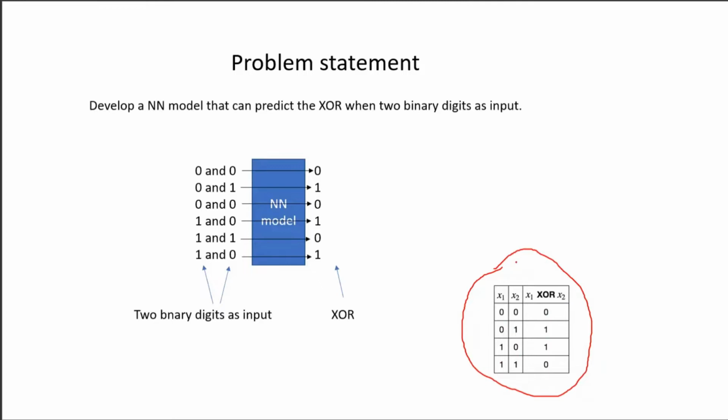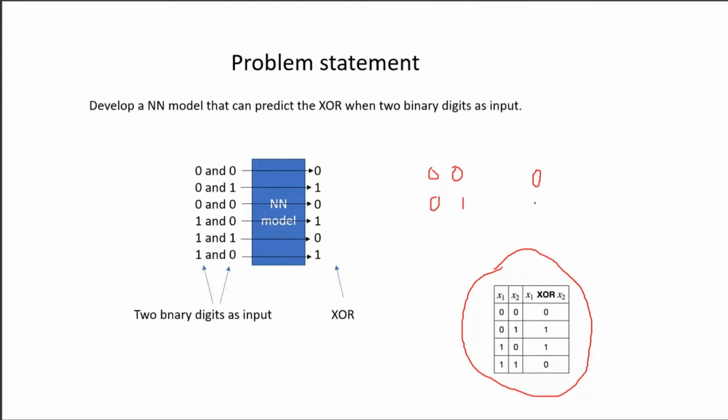We are going to develop a model that can predict XOR when two binary digits are the input. So the purpose here is XOR recognition. If we put 0 and 0 as the input, what is the model going to predict?